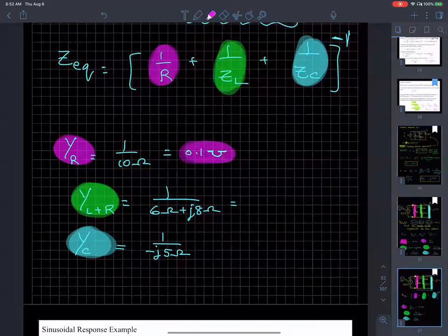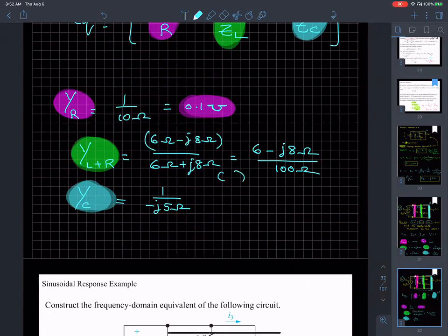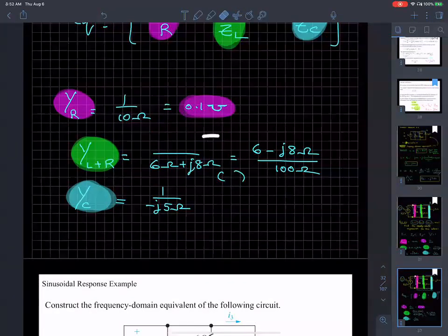That's the value of 1 over R. Similarly, the value of 1 over ZL is exactly 1 over 6 plus j8 ohms, which is going to be 6 minus j8 over 100, 6 squared plus 8 squared.